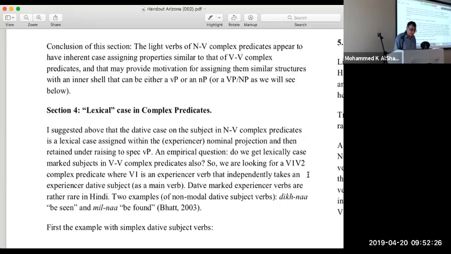I have ignored saying anything in this talk about the aspectual distinctions introduced by various categories of light verbs. That wasn't the domain I was covering today. But I should make a note here that the light verbs in VV and light verbs in NV are quite distinct in those roles. The light verbs in VV have some kind of aspectual notion of telicity that is necessarily there.